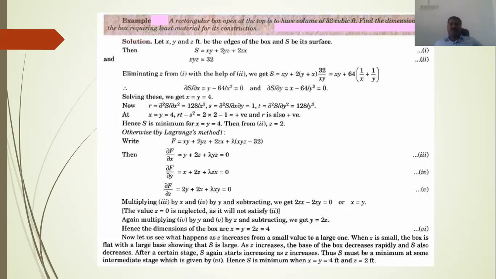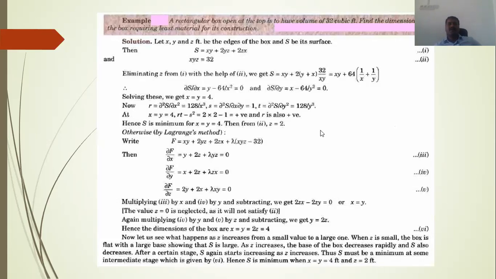Okay. So what we do is we'll find a new Lagrange function, right? There are two approaches here. One approach is to reduce it to an unconstrained problem, like xy plus 2 and so on.